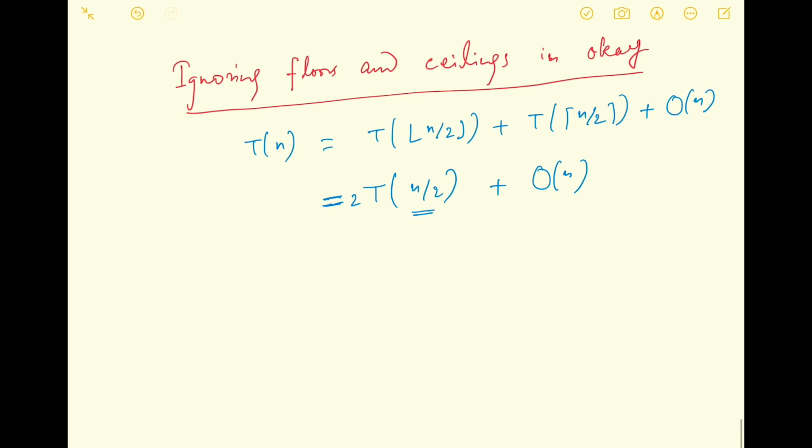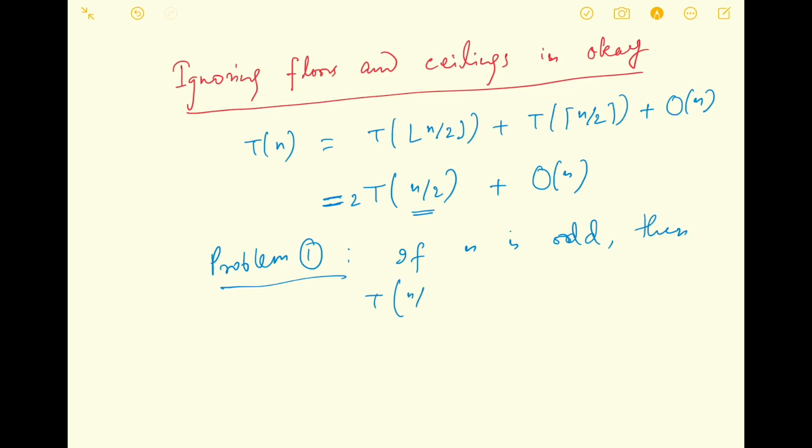So what is the problem? First, problem 1: if n is an odd integer, then T(n by 2) is not defined.